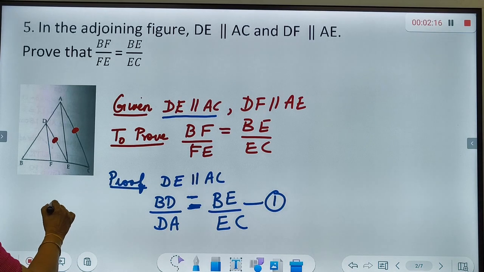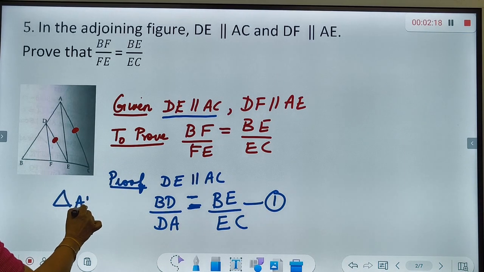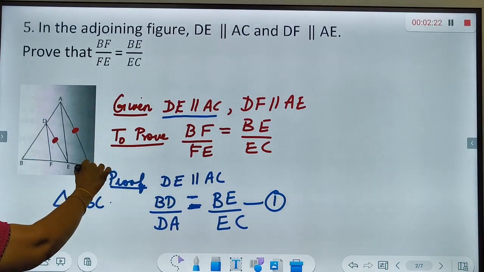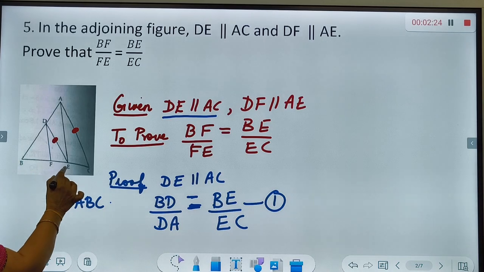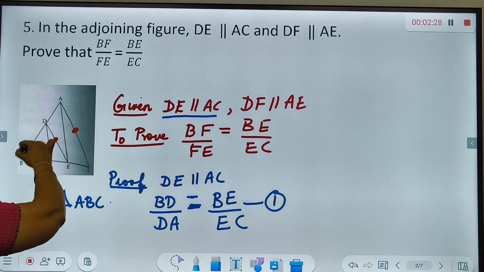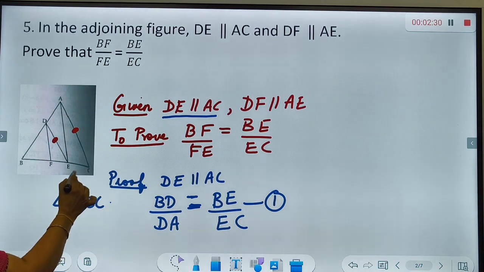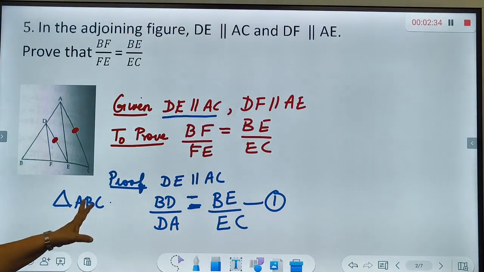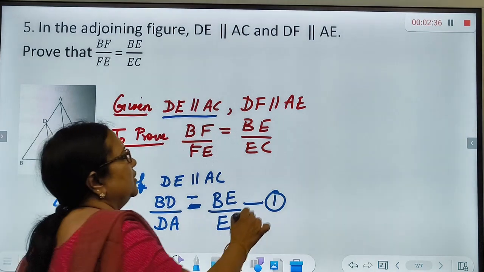We are considering triangle ABC. This is parallel to this. Therefore, BE by EC is equal to BD by DA. This follows from the fact that DE is parallel to AC.